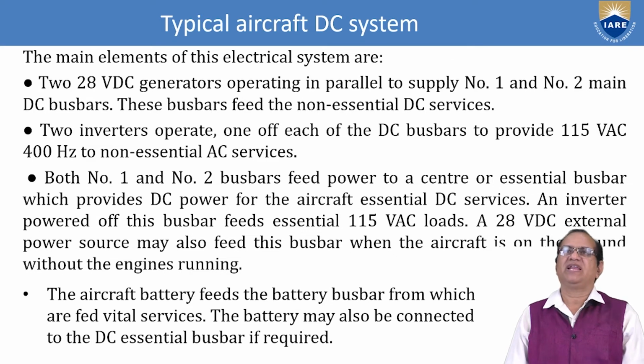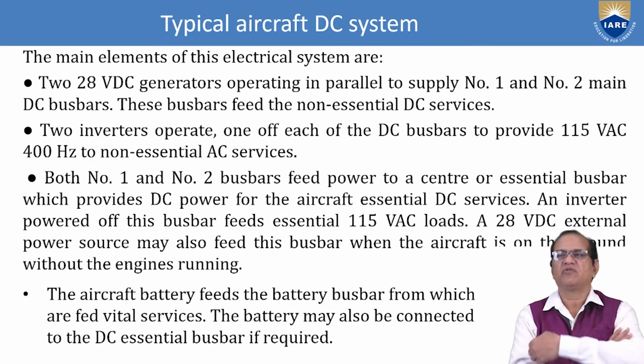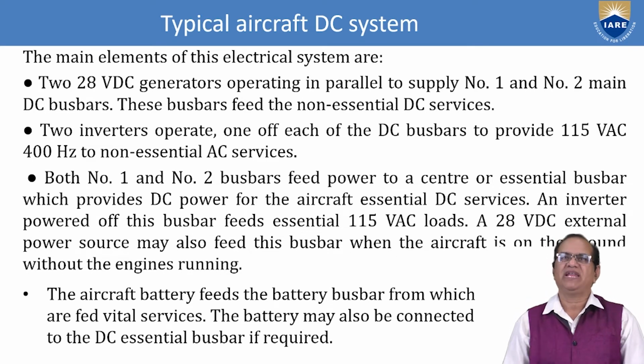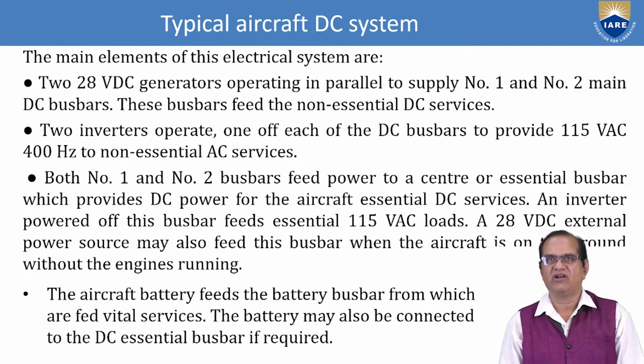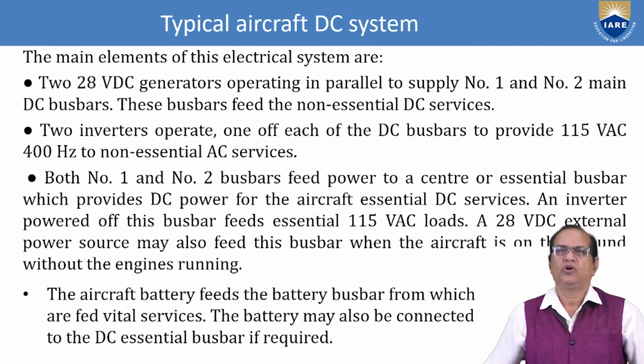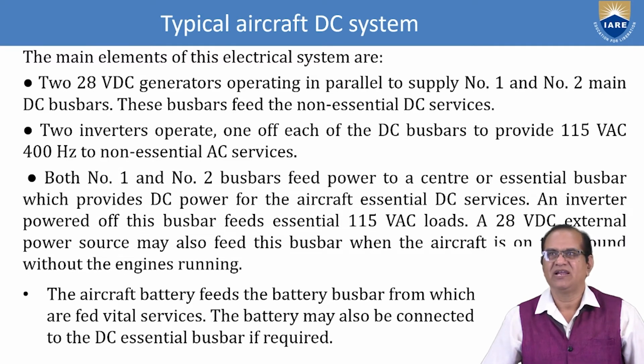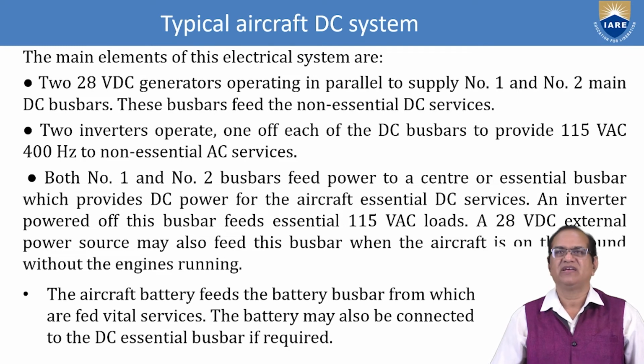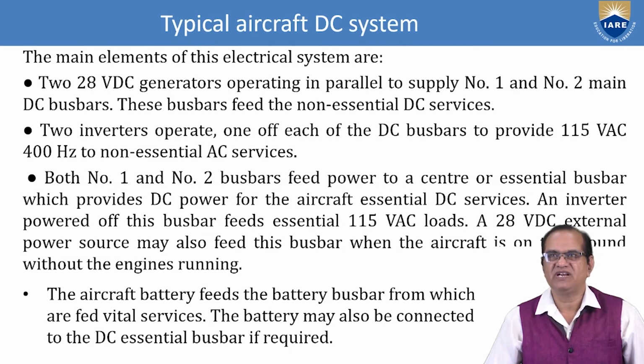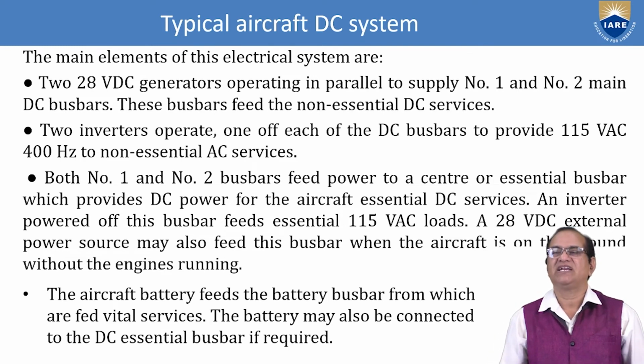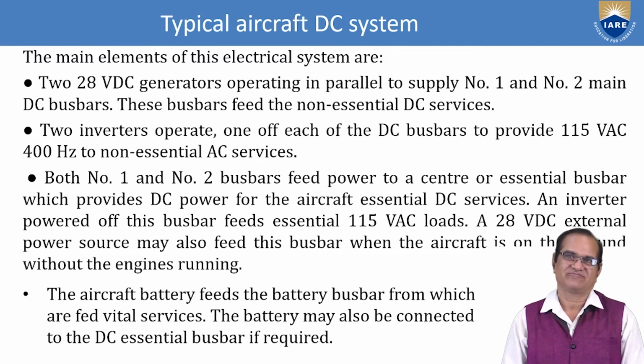So now, typical aircraft DC systems I am going to discuss. The main elements of these electrical systems are two 28 volt DC generators operating in parallel to supply number 1 and number 2 main DC bus bars. These bus bars feed the non-essential DC services.